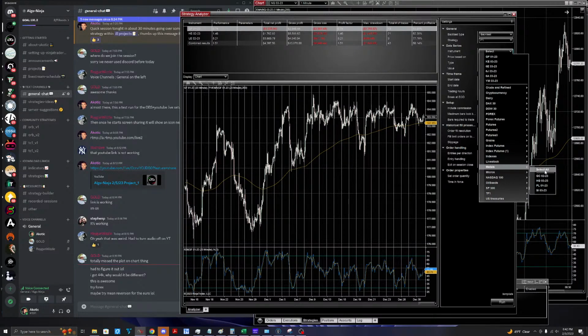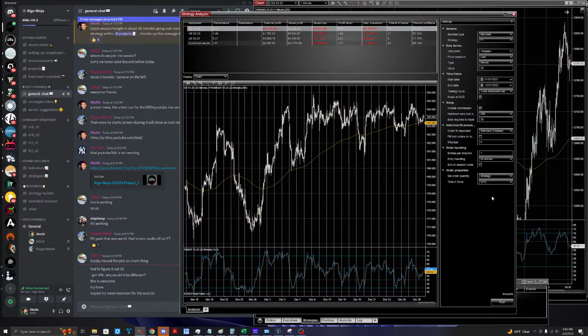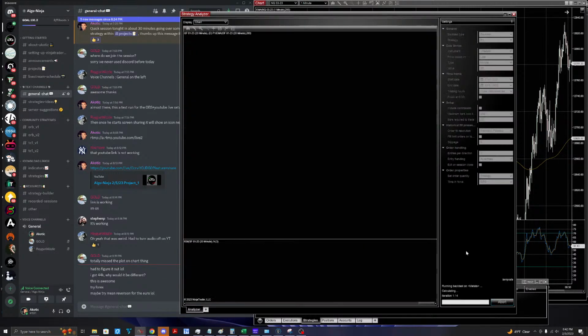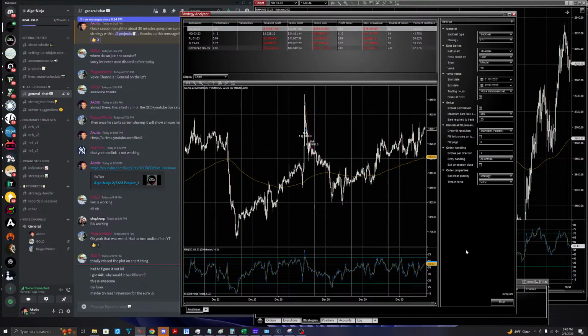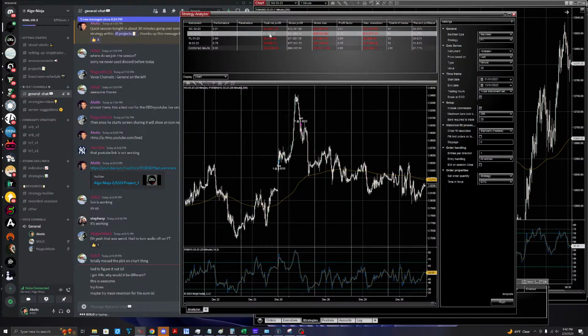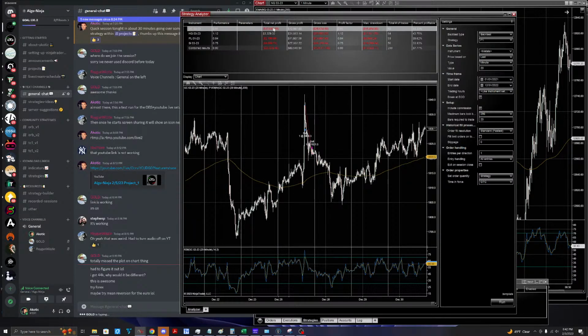Metals are usually a hit and miss. Honestly, copper is usually my best performer. You would think it'd be gold, but it's just a hit and miss with metals, to be honest. And sure enough, copper is the best performer here, whereas gold is the worst.